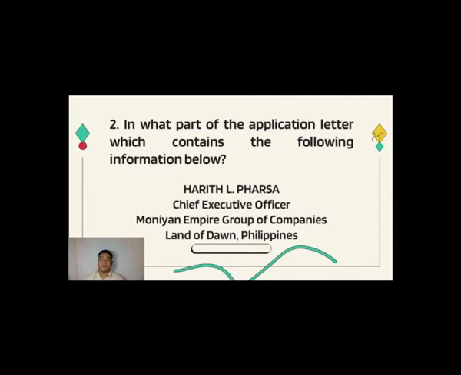Number 2. In what part of the application letter does the following information appear? Hareth L. Farsa, Chief Executive Officer, Manian Empire Group of Companies, Land of Dawn, Philippines.